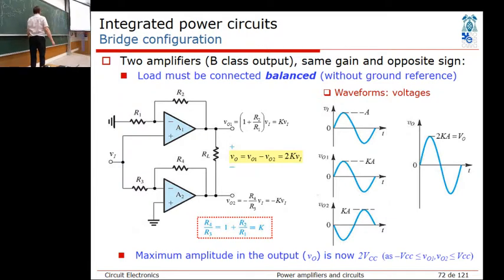So if you need more power to the load, you can always run amplifiers in a bridge, meaning you have signal gain of A on one end and signal gain of minus A on the other one, and then you have the load in between. That's a bridge amplifier connection.